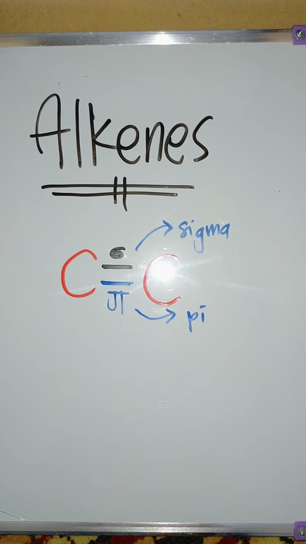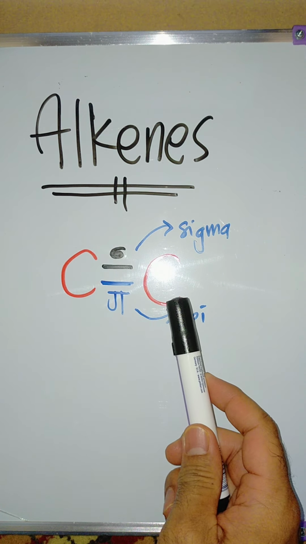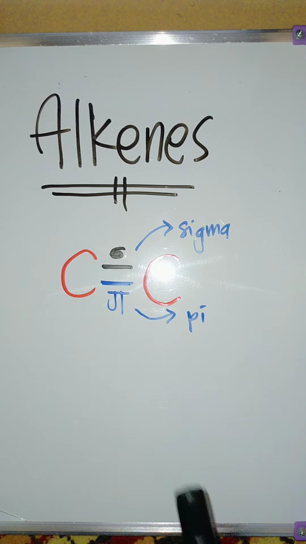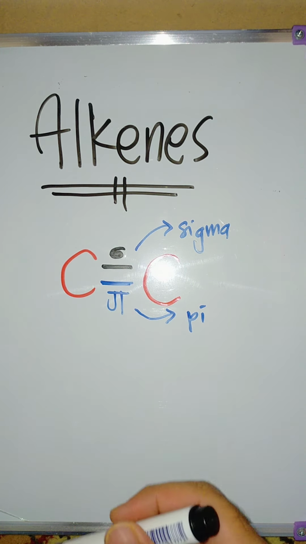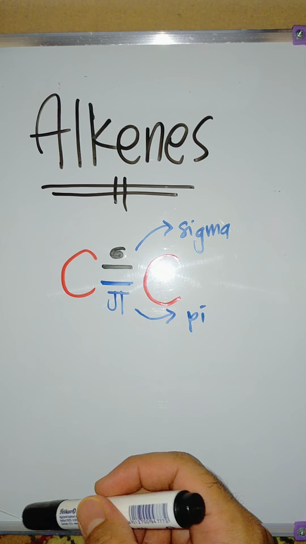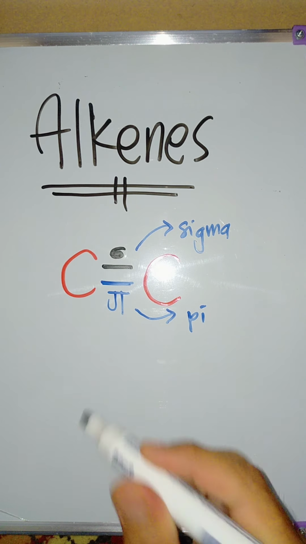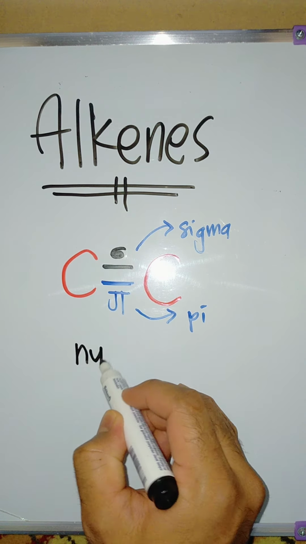Okay, so remember about alkene. Alkene consists of a carbon-carbon double bond. One of the double bond is a sigma bond, and the second one is a pi bond. So this alkene is classified under nucleophile.